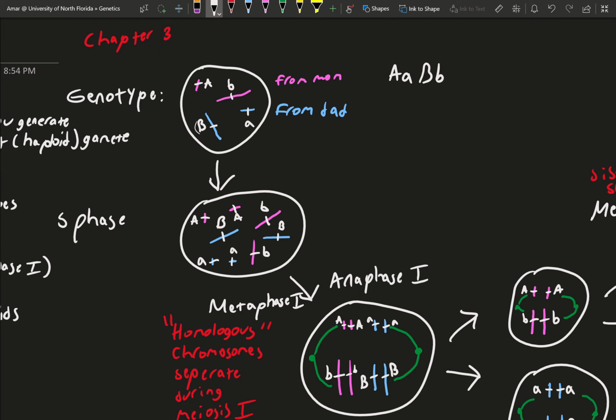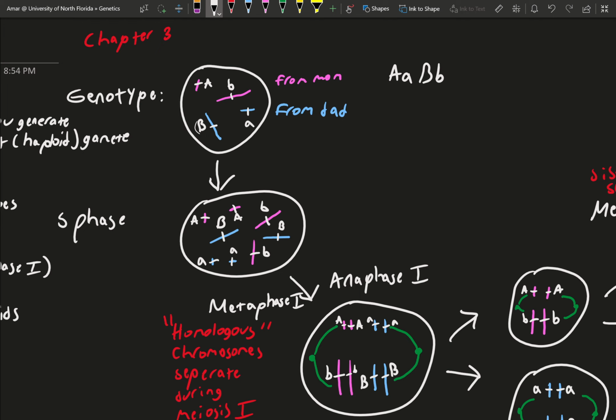Sometimes you're not going to be given an easy gene annotation on your chromosome. The way you determine it is that homologous chromosomes have the same length, and that's how you can determine if a chromosome is homologous to another chromosome, okay? Cool.